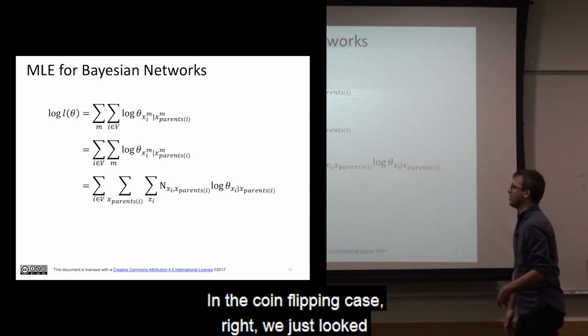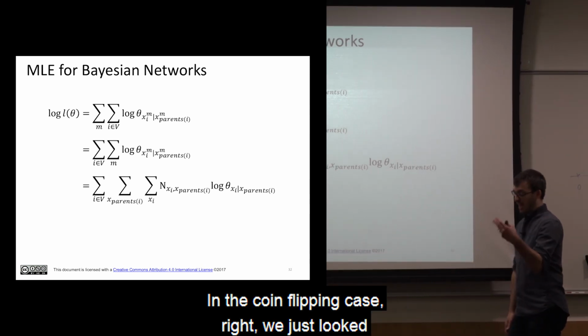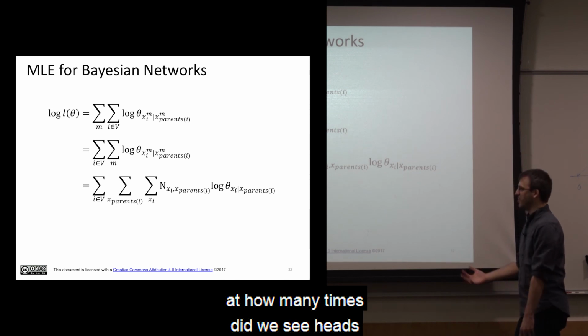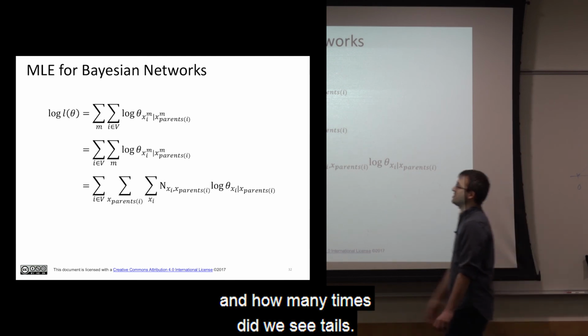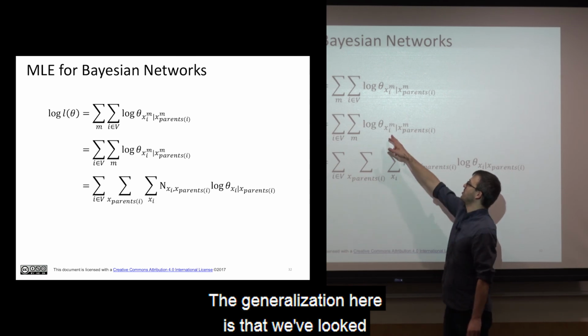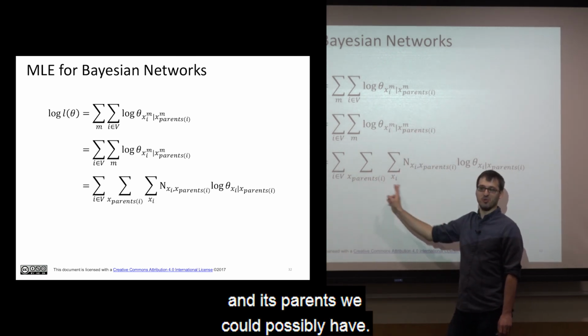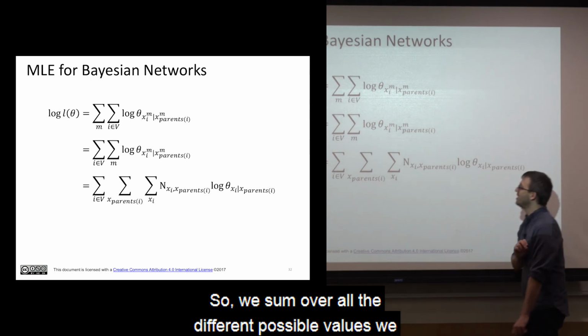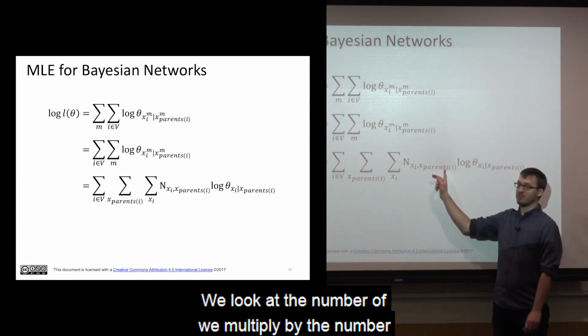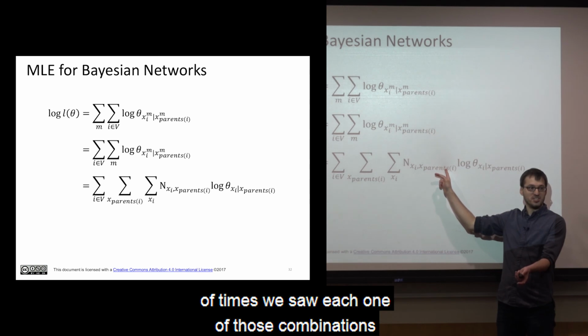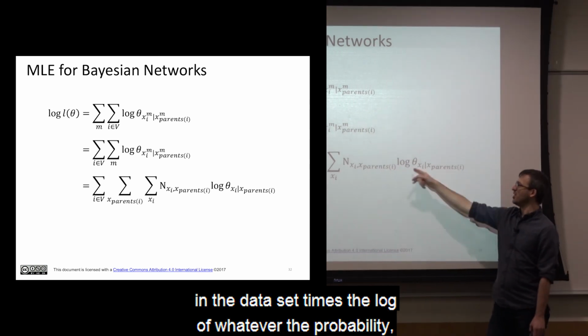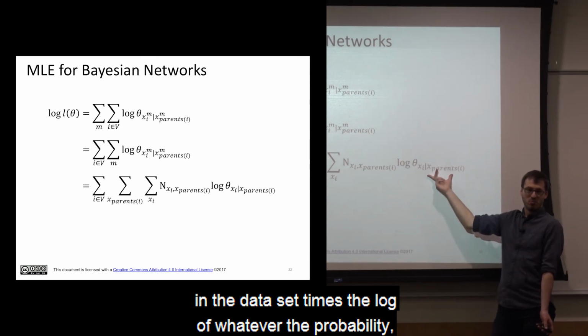In the coin flipping case, we just looked at how many times we saw heads and how many times we saw tails. The generalization here is we look at all the different combinations of xi and its parents we could possibly have. So we sum over all the different possible values we could have. We multiply by the number of times we saw each one of those combinations in the data set, times the log of whatever the probability was that we got that.